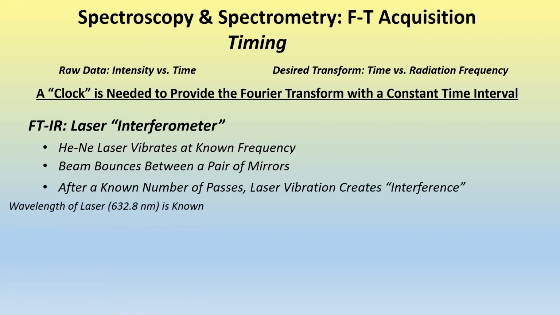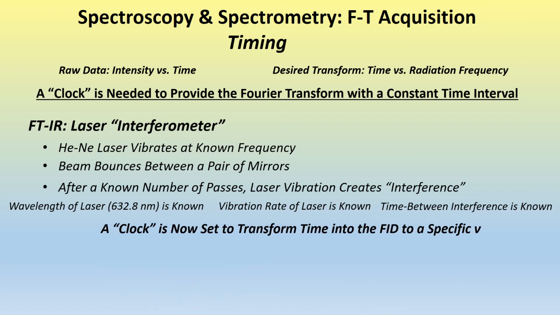The wavelength of the laser, 632.8 nanometers, is known. The vibration rate of the laser is also known. Therefore, the time between interferences is calculable. A clock is now set to transform time in the FID to a specific frequency.